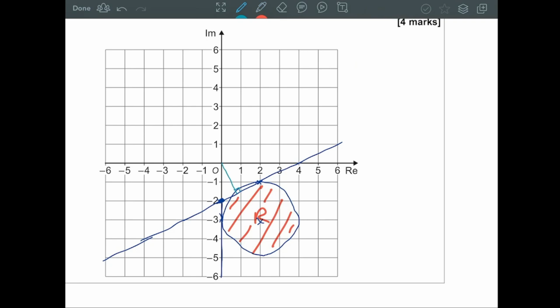So the center's not perpendicular to the line, is what I mean. If we go directly towards the center, then you can see that that point there is slightly further away from the origin than going perpendicular to the line. So I want to find that distance there.